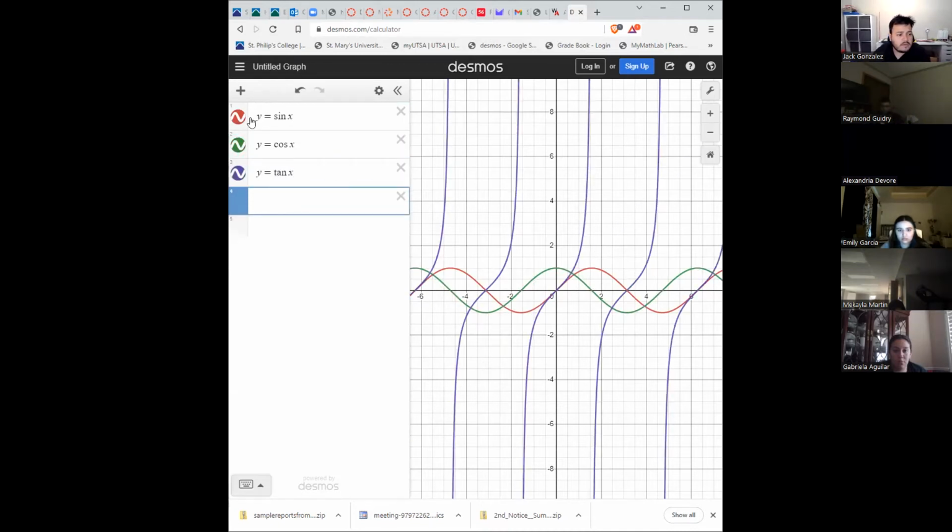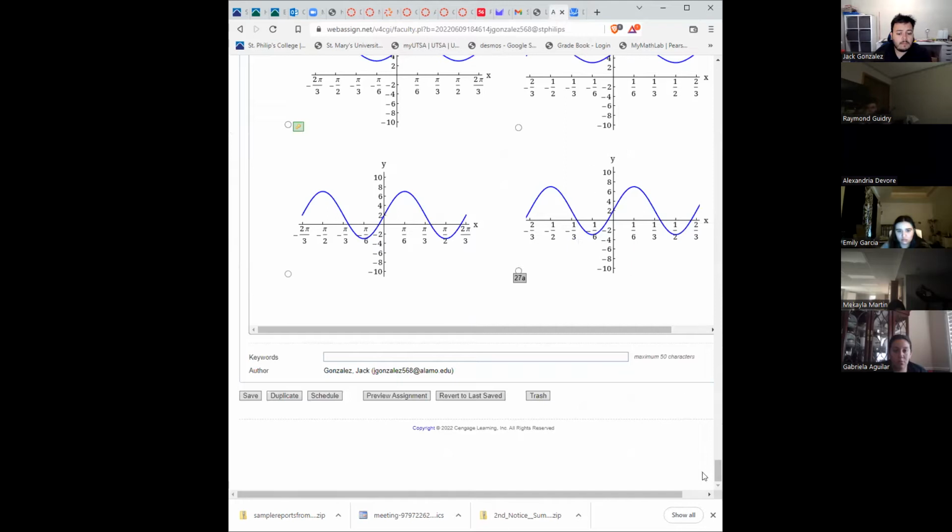Tangent looks like this because it has division by 0. So asymptotes appear at every odd multiple of pi over 2 here. Okay.